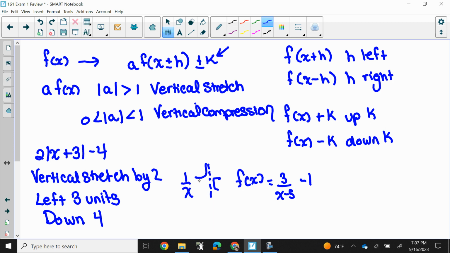You have a horizontal and vertical asymptote, and it's like a hyperbola. Anyways, so this is going vertical stretch by a factor of 3. And that's this guy right here. It's going down 1 and to the right 5.